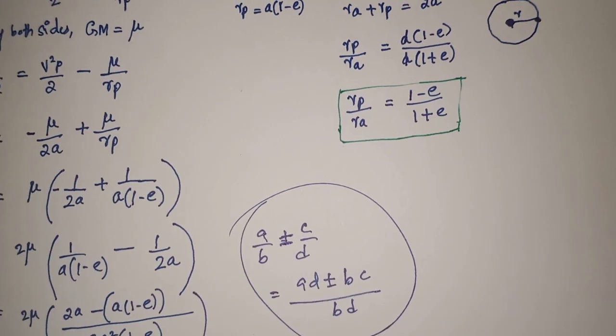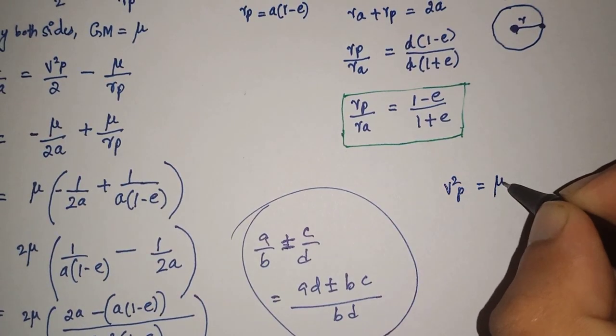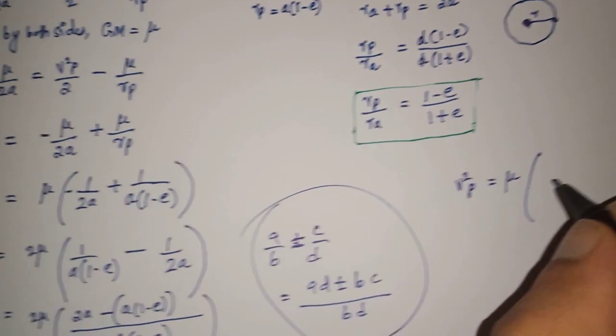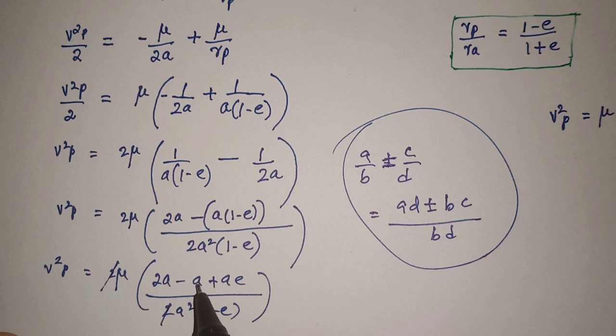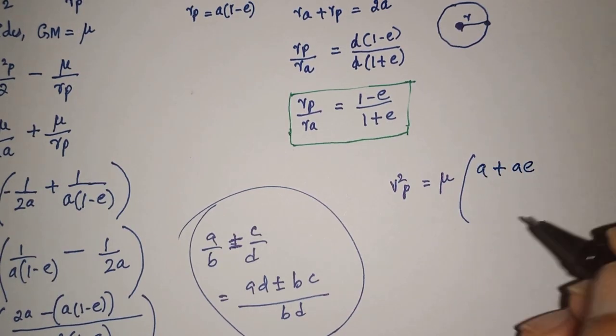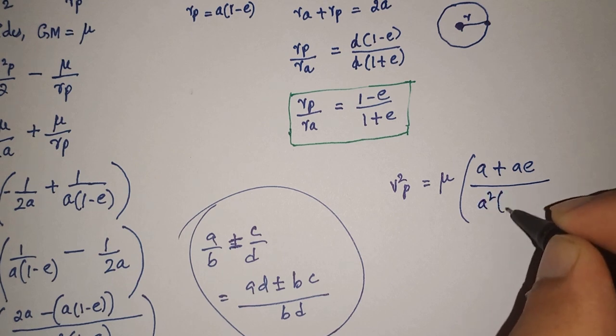Now I can write that your v square p is equal to mu into 2a. Here itself we can tell 2a minus a is a, so I write a and the remaining is a. So you get a square into 1 minus e.